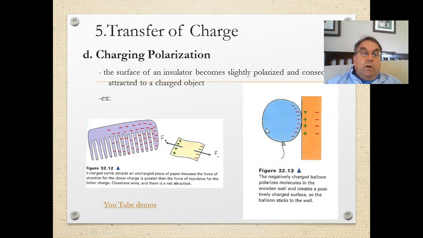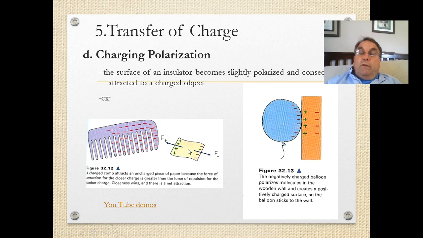Okay, so in the lab that you're going to watch, you'll see objects that are being charged positively, charged negatively. They're both insulators, and they're being held over objects that are also insulators. So this charge can induce a polarization in the material that it's interacting with.